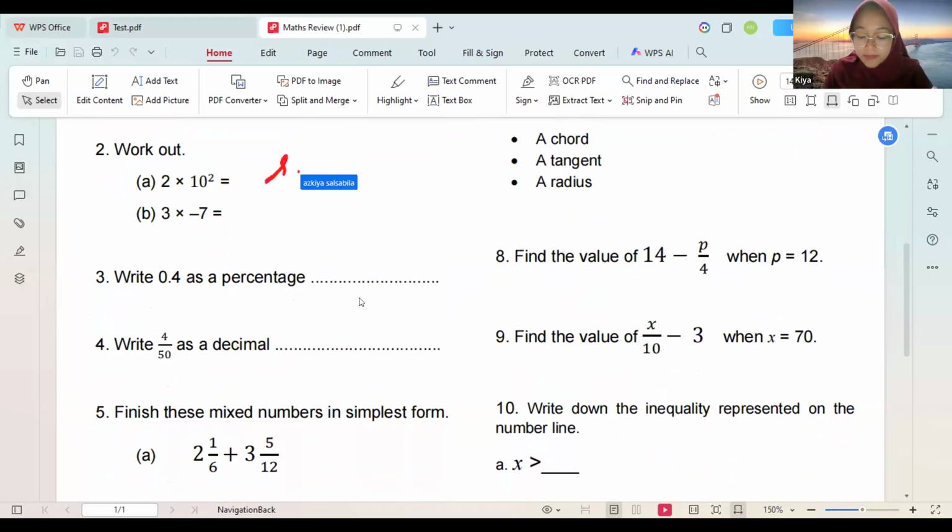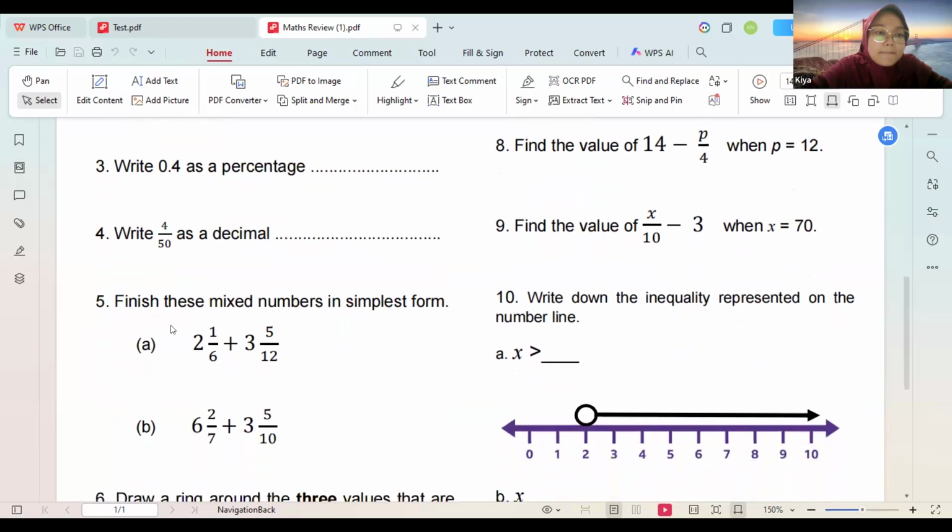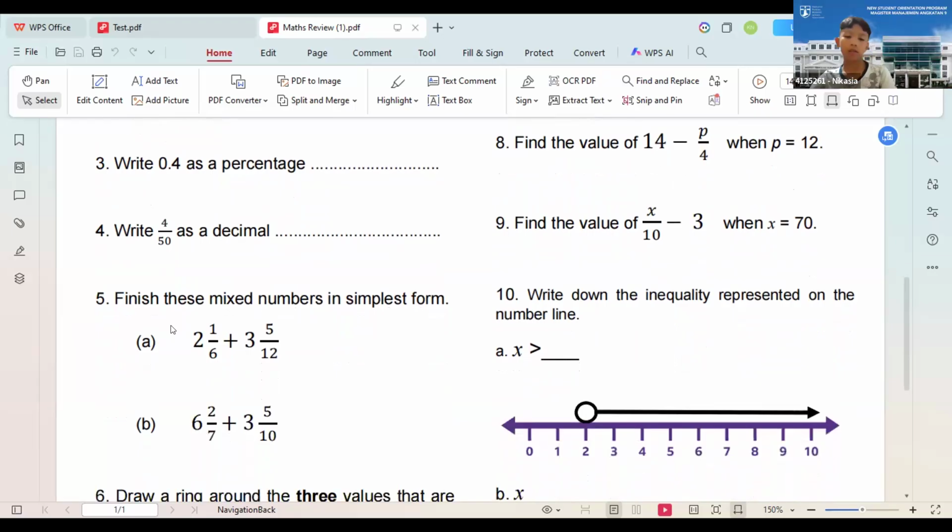And then how about B? -21. Okay, perfect. And then how about number 3? 40%. Okay, why?